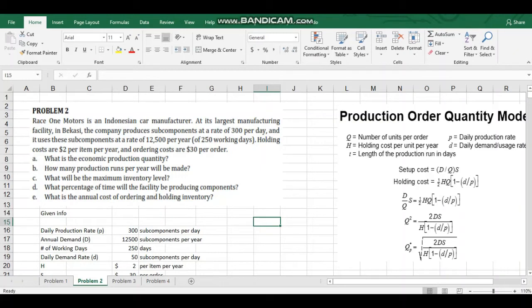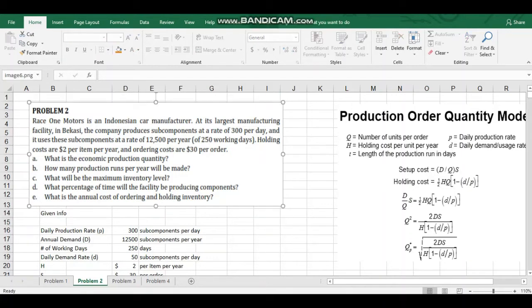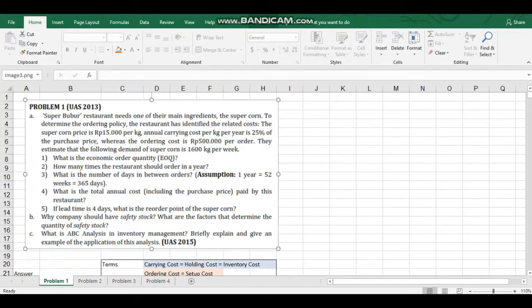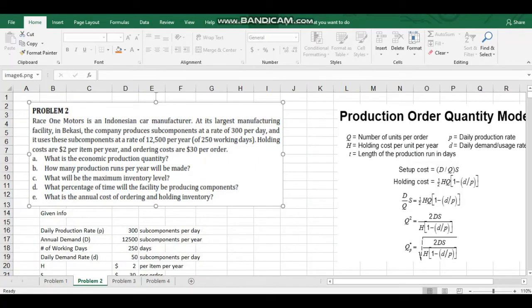So before we answer the question, let's discuss a bit about this kind of model of this problem. This is basically a bit different from the first one. The first one is we have to order the material from the supplier. So that's why it's economic order quantity. While in the second problem, we produce the material in our own manufacturing.